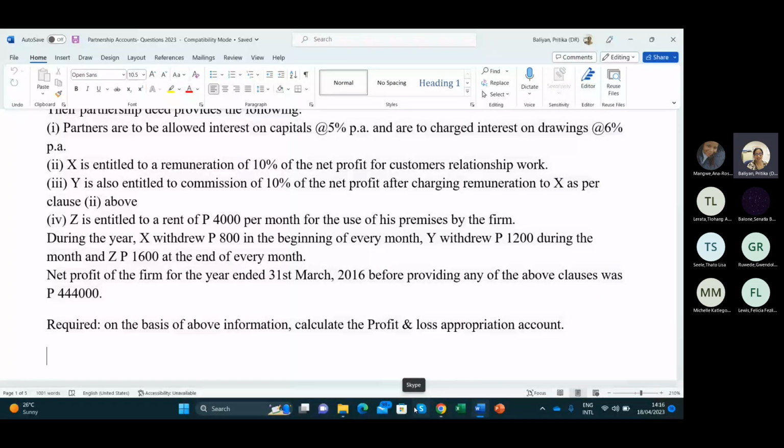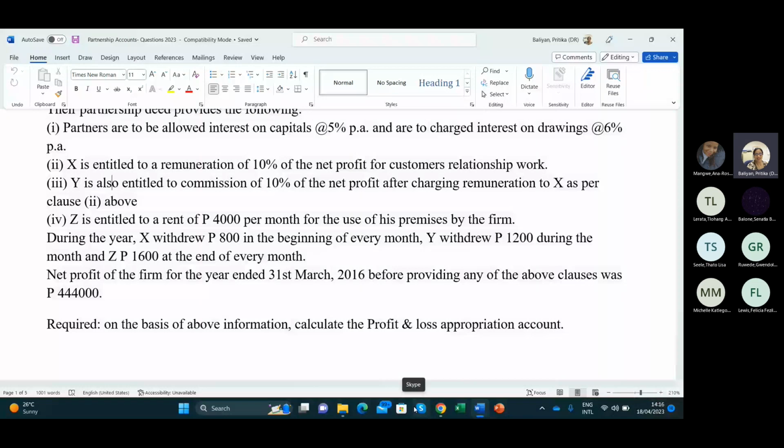Vertical form means from top to down. So we start with the amount of net profit, then whatever payment has been done, we deduct those payments from the net profit.